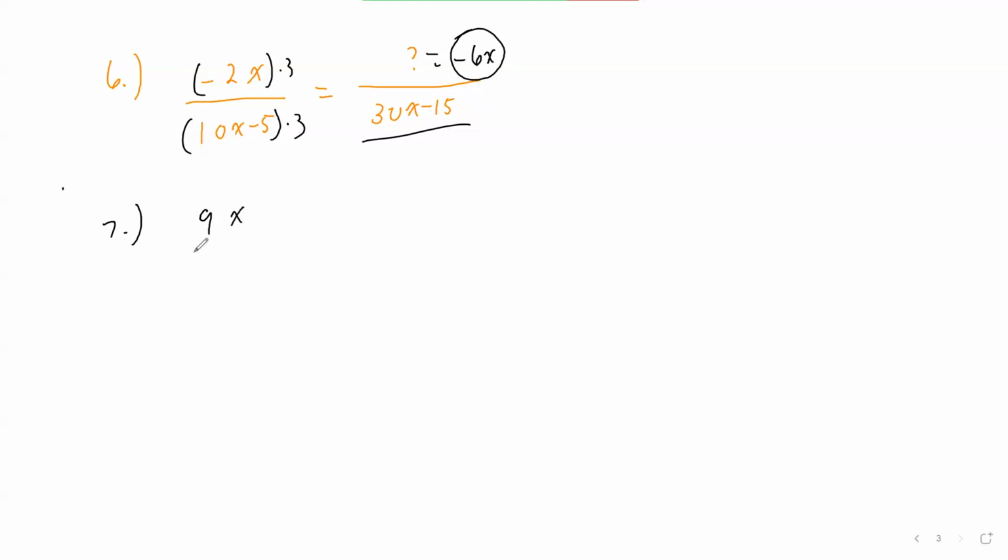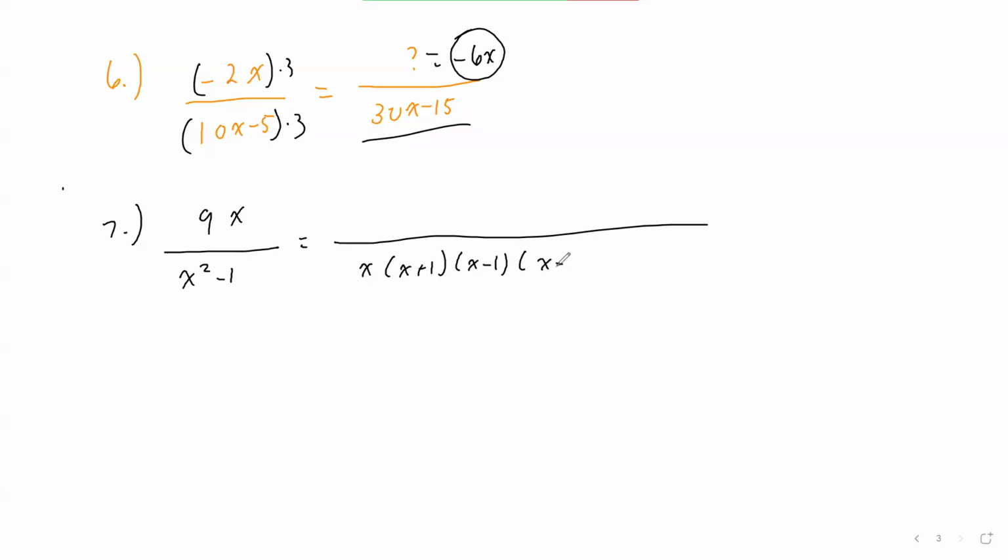So I have 9x over x squared minus 1 equals x times x plus 1 times x minus 1 times x plus 3. And I'm trying to figure out what I need to multiply by. So first, let's factor x squared minus 1. Hopefully at this point you see it's x plus 1, x minus 1.